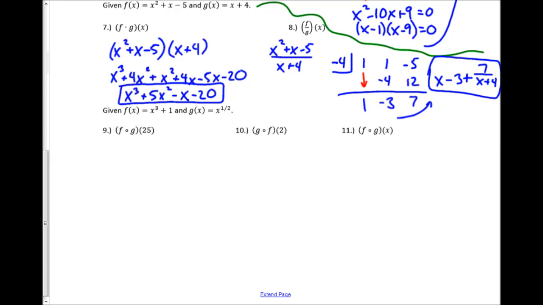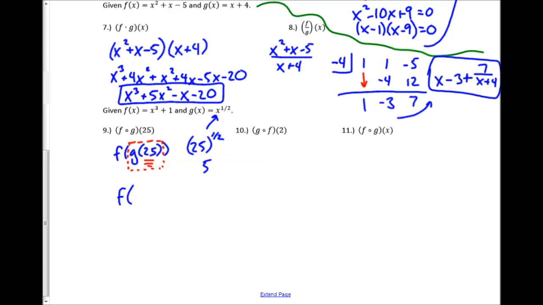In number 9, we're asked for the composition here. This is like saying f of g of 25. And really, this is just a chain reaction of substitutions. So I'm going to plug the 25 into the g function right here. So that's to the 1/2 power, and 25 to the 1/2 power is 5.